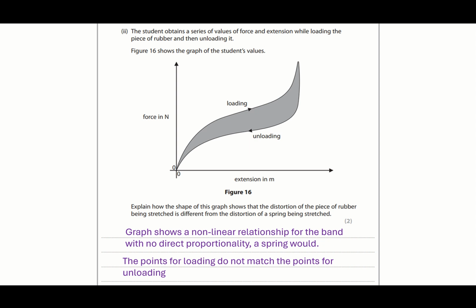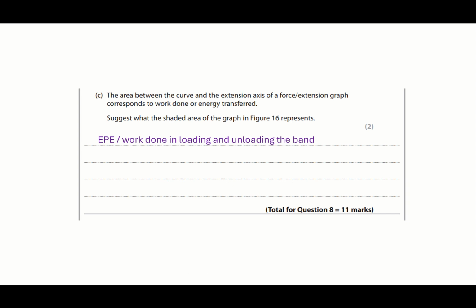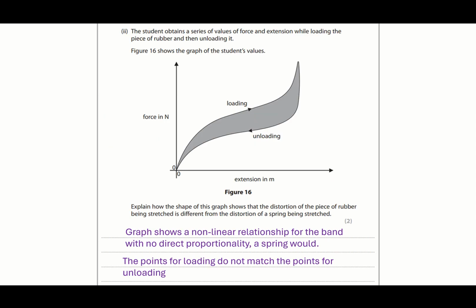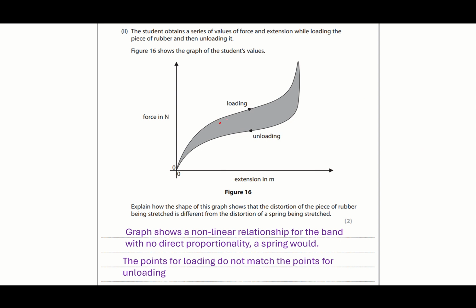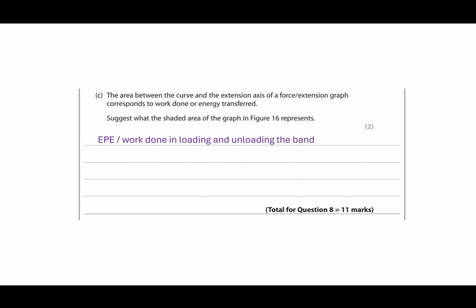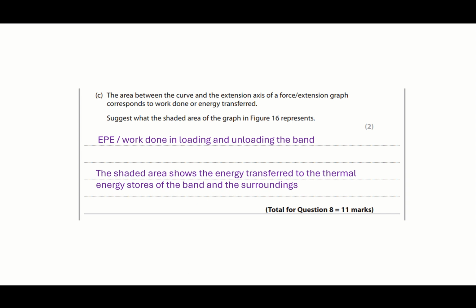If I just had a straight line like that, this area under here is the elastic potential energy, half kx squared. What this is asking is, what's all this stuff in here? That's the thermal energy that's been lost in stretching the rubber band. So the shaded area shows the heat energy lost into the surroundings from the band. That's that one done. Tricky question, that.